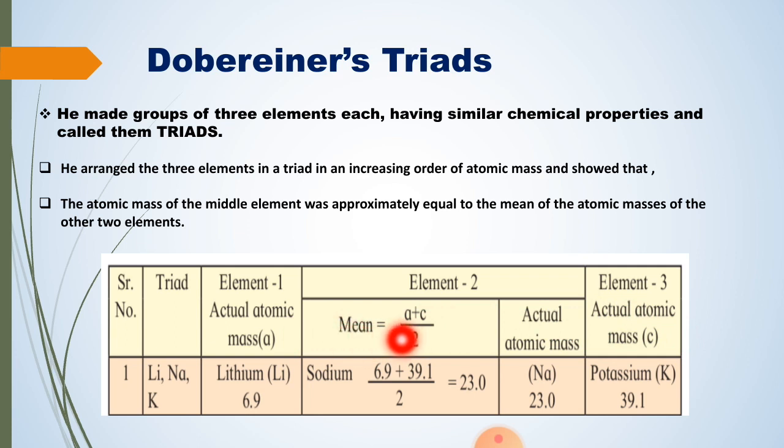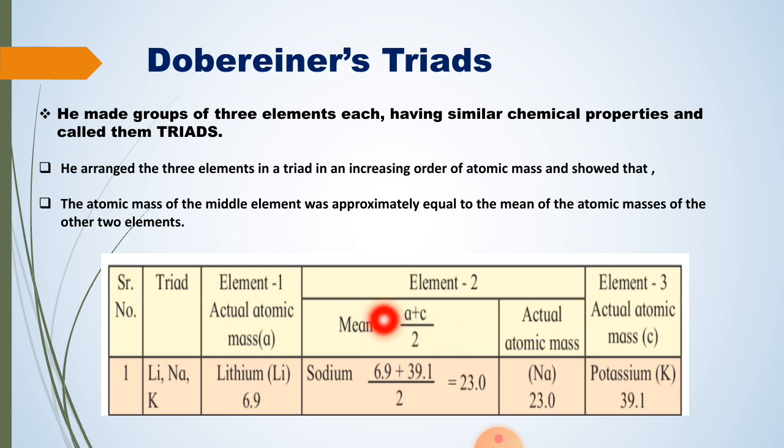That is (A + C) / 2. What is A? The atomic mass of Li, that is 6.9, plus C, that is K, whose atomic mass is 39.1. We are going to divide this by 2, then we'll get the answer as 23.0.